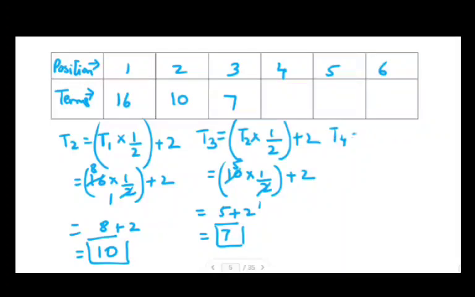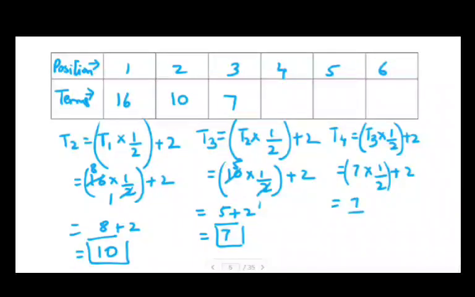Term 4 is equal to term 3 into half plus 2, which is equal to 7 into half plus 2. 7 1s are 7 upon 2 plus 2.